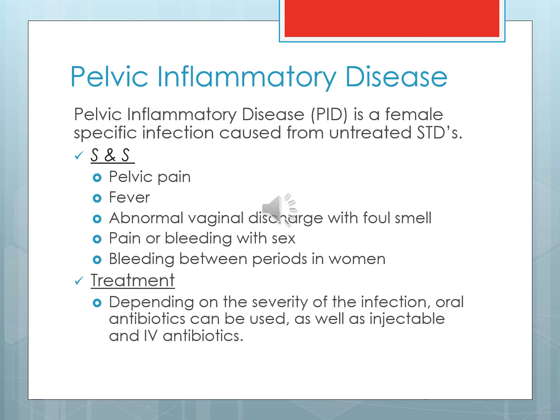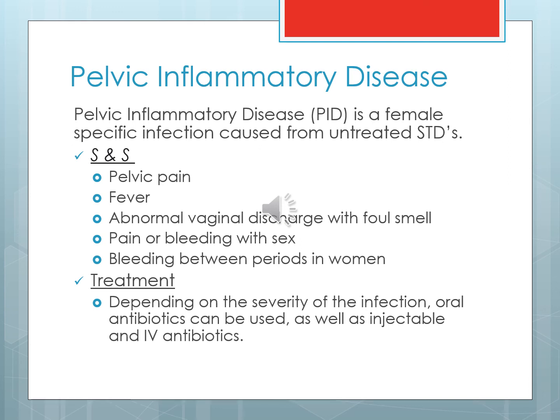Finally is pelvic inflammatory disease, otherwise known as PID. This is a female-specific infection which is caused from a female having untreated STDs. The signs and symptoms of this STD are much more significant than the other 2 STDs that we have already discussed. Females with PID experience pretty severe pelvic pain. They usually have a fever.